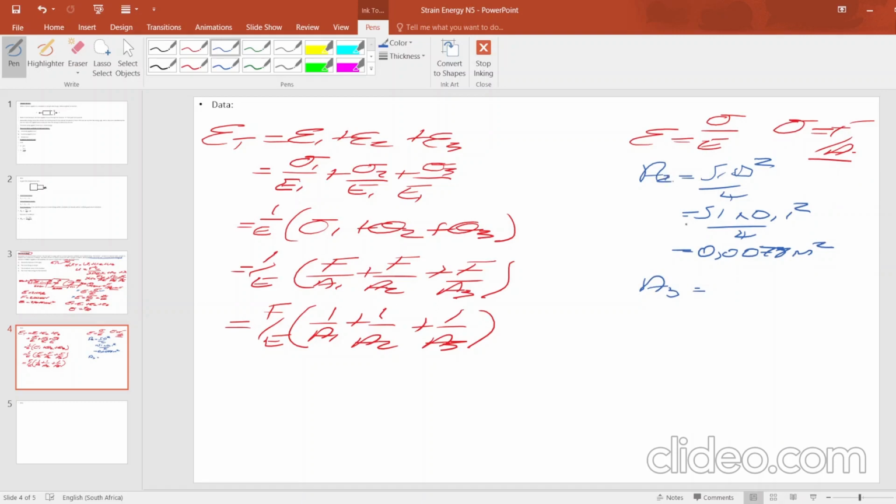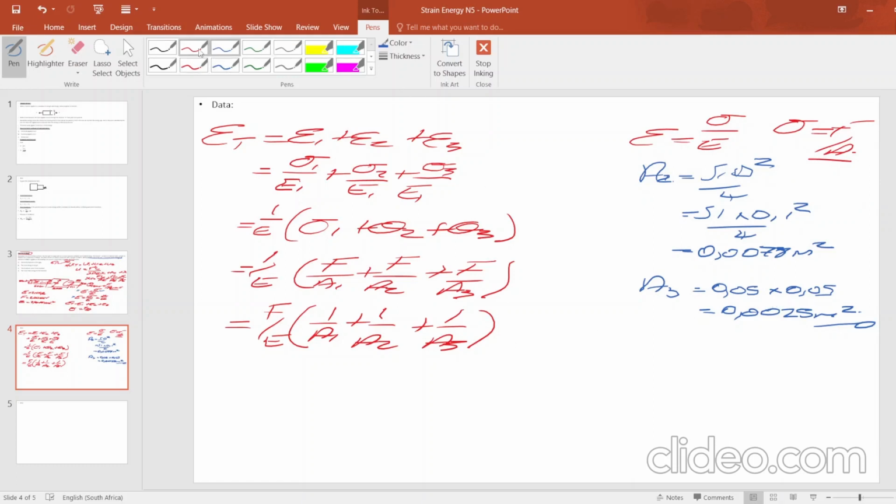The area 1 we don't have. Then the area 3, it is a square, so it will be 0.05 multiplied by 0.05. It is length times length. Then we get our answer 0.0025 meter squared. Right. We've now managed to calculate the areas.